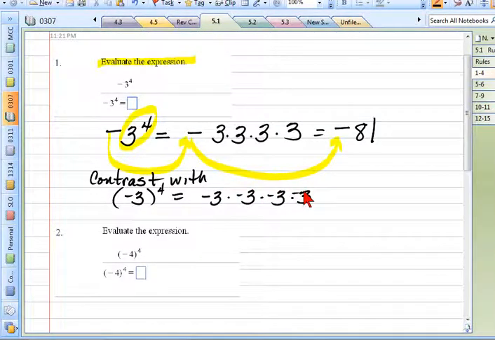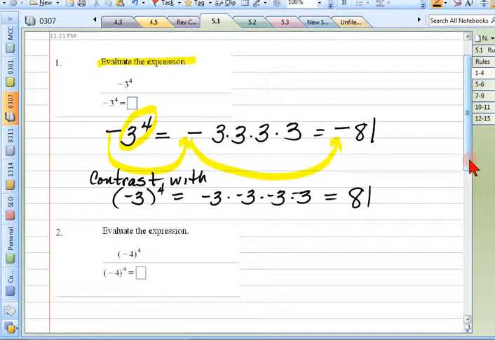So in this case, I've got 4 negatives. That's going to give me a positive 81. So when the base is in parentheses, you might get a positive answer, you might get a negative answer, depending on whether the exponent is even or odd. But when there are no parentheses, the negative simply travels along and stays with the answer. Does that make some sense?